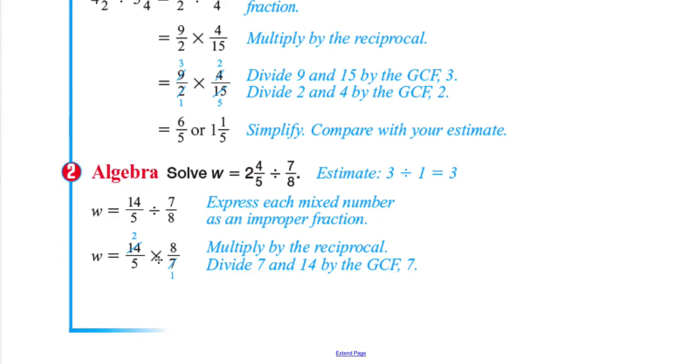In this case, we want to find the GCF of 14 and 7, which is 7. Divide both of them by 7, and you end up with 2/5 times 8 over 1, or simply 2 times 8 gives you 16, 5 times 1 gives you 5, 16 over 5, or 3 and 1/5. And if you notice, 3 and 1/5 is close to our estimate, and we are correct in our answer.